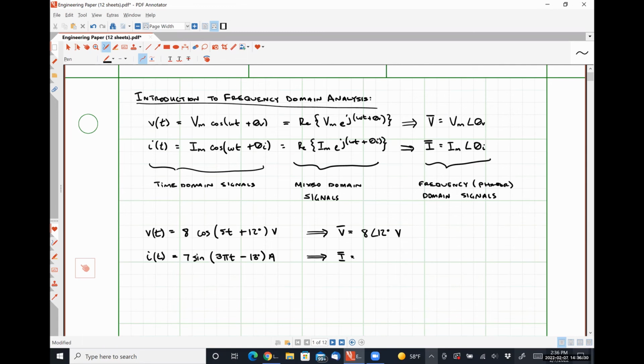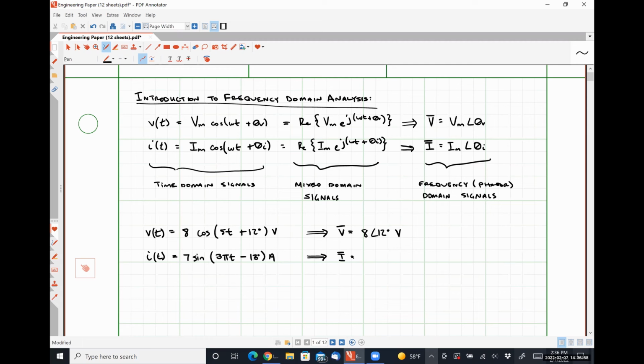Exactly right. So I'm trying to trip you up here, but Carter caught me on it. Our frequency domain signals are based on us having a cosine representation of our time domain function. Okay. So if we want to convert a sine-based signal into the frequency domain, we have to first convert it into a cosine and then go from there.